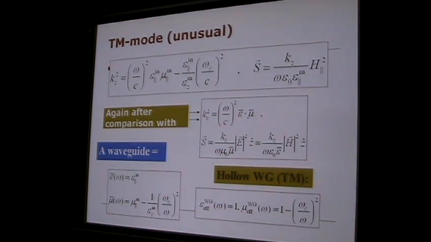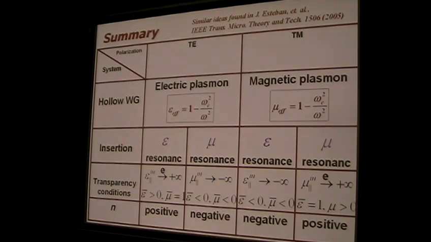So for the hollow waveguide, you have to consider the TM polarized wave and TE polarized wave separately. For TE polarized wave, it indeed behaves like the E plasma. For TM polarized wave, it actually behaves like an M plasma. It has negative mu, actually. So this is the summary.